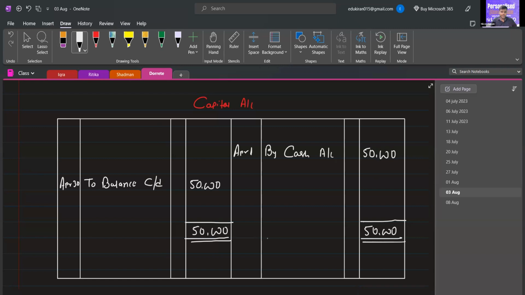April 30th, and it will be May 1st by balance BD 50,000. Okay.